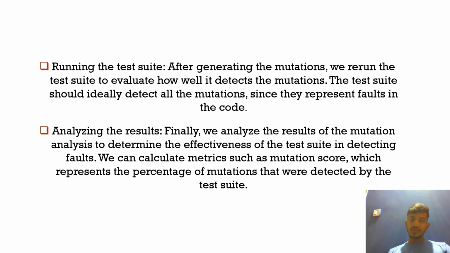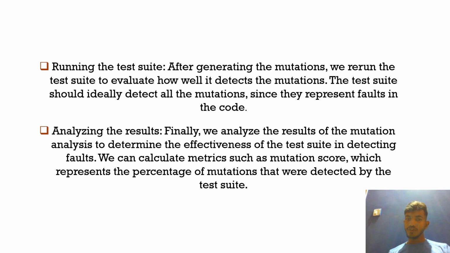Running the test suites: after generating the mutations, we rerun the test suites to evaluate how well they detect the mutations. The test suites should ideally detect all the mutations since they represent faults in the code.